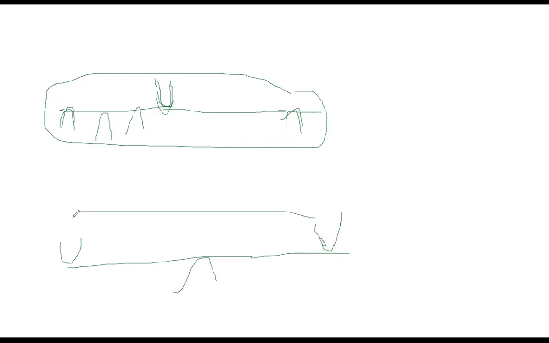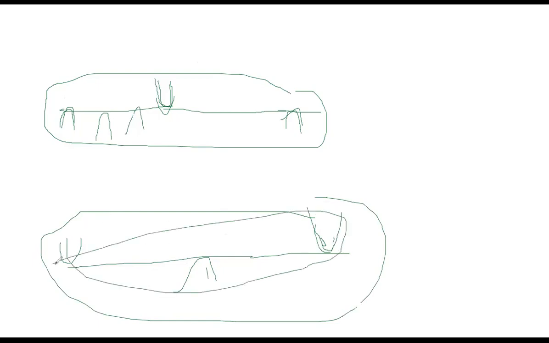So this is how you can draw a support area, because we have the support that became a resistance and later became a support. So we have two supports here. This is a support area.